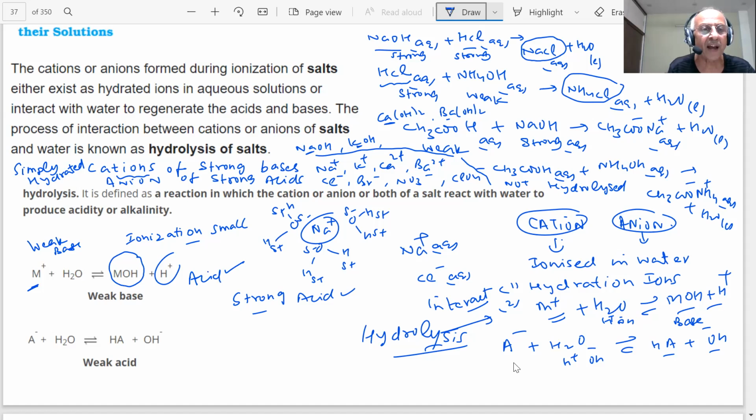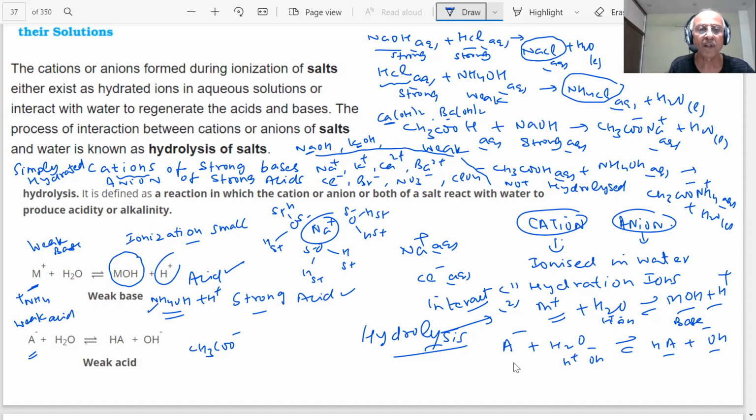And if you have an ion of a weak acid, for example, CH3CO minus. Here, if I have NH4 plus, what are you getting? NH4OH plus H plus. This is a weak base.